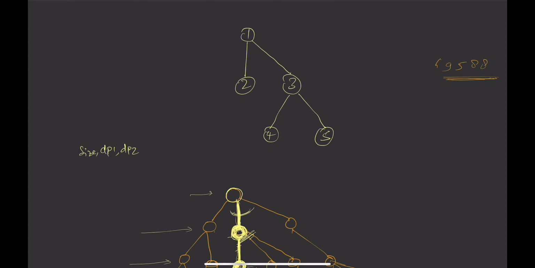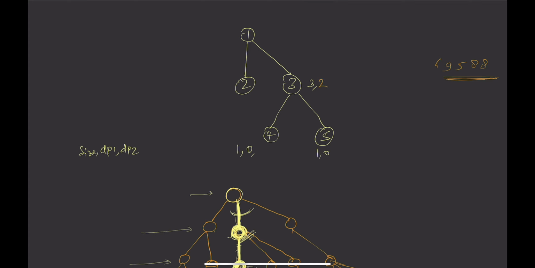Okay, what is the size? 0? No, size is 1. Size is 1, dp1 is 0. Size is 1, dp1 is 0. Size is 3, dp1 is, let's write this, 1 plus, in the root, what's the distance so far?